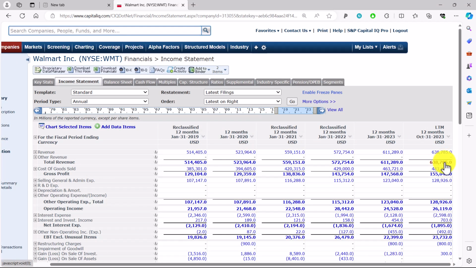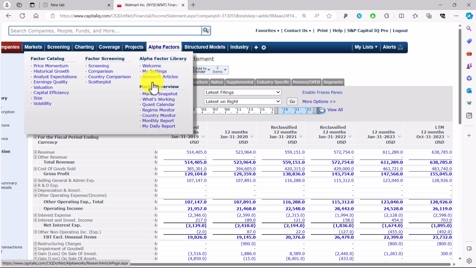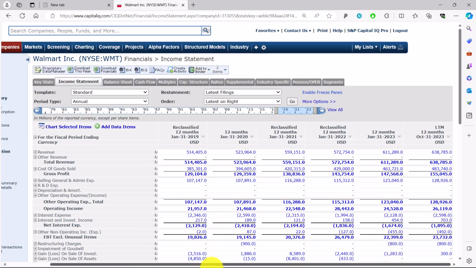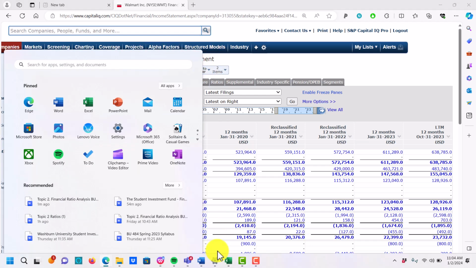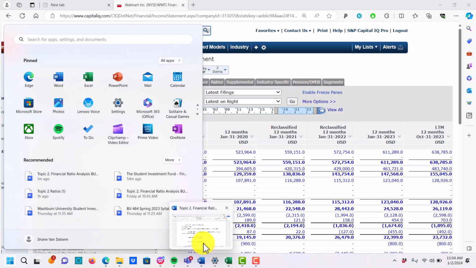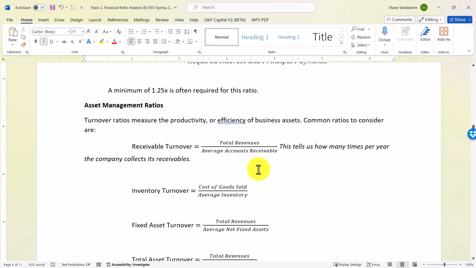So they have a very small amount of accounts receivable relative to the revenues. It's tiny compared to the amount of revenues that they have, because in their businesses, they generally don't issue receivables. So their receivables turnover is going to be very high because they collect their receivables many times per year.